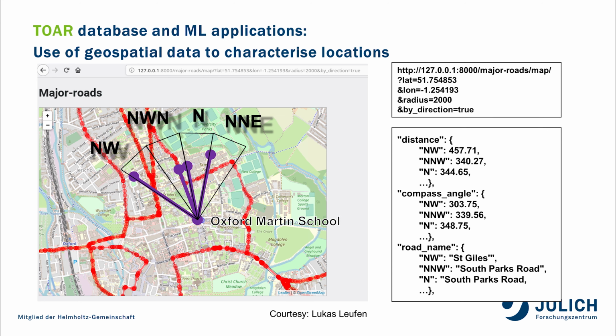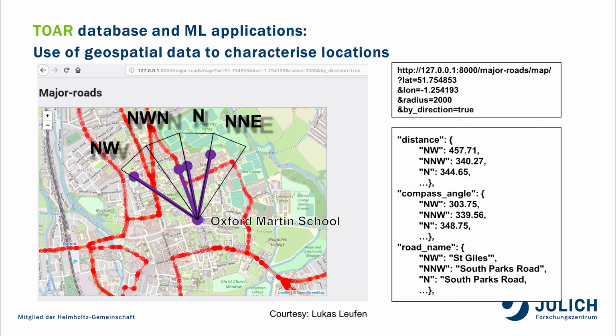So what you can do is issue a query to this web service called Major Roads. You can provide the coordinates of your station. You can specify a radius in which you want to retrieve that information, and also say whether you want this listed in individual wind sectors or just as a total nearest distance.